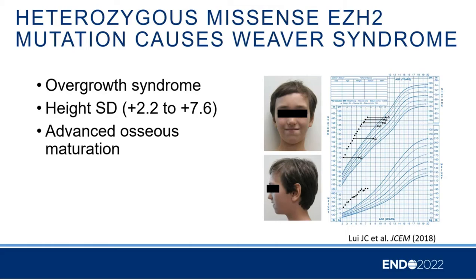Around that same time, there was a patient at the NIH with overgrowth and advanced bone age. We performed exome sequencing and found mutations of EZH2, therefore confirming that he has Weaver syndrome. Now, these patients are tall, but they have normal levels of growth hormone, and so we were wondering if the effect of EZH2 was directly acting on the growth plate, and so we decided to study that.